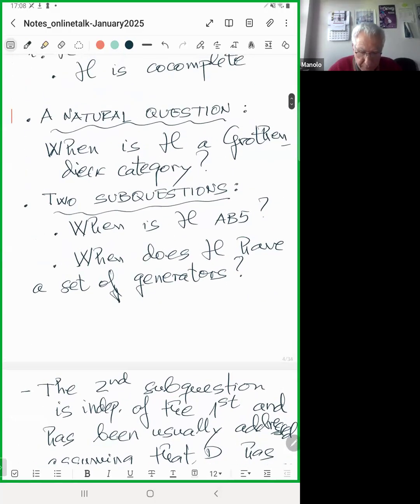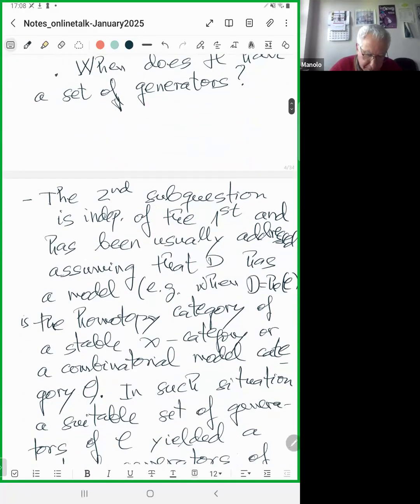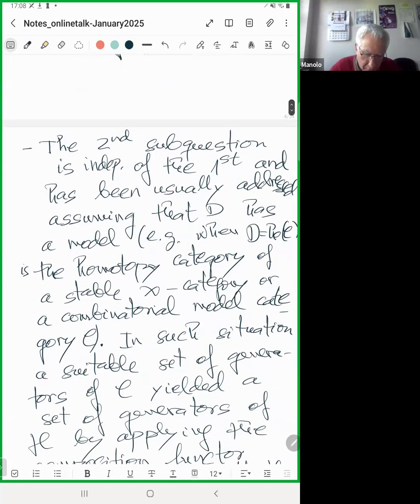Both sub-questions, except for very recent results, have been tackled when the ambient triangulated category has a model, for instance when it is the homotopy category of some stable infinity category or a combinatorial model category.